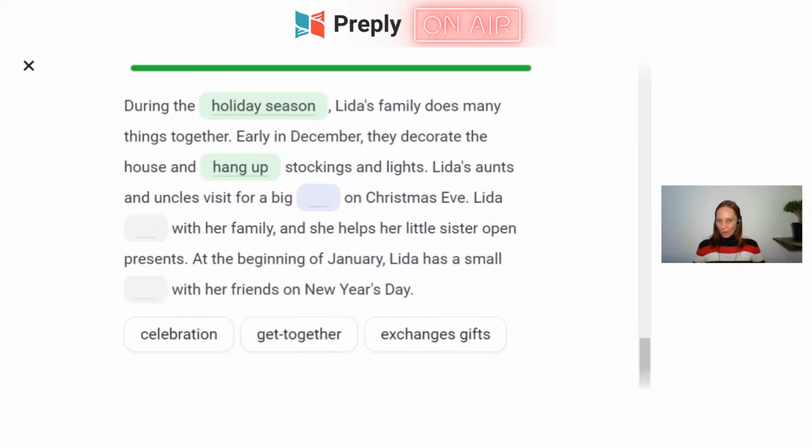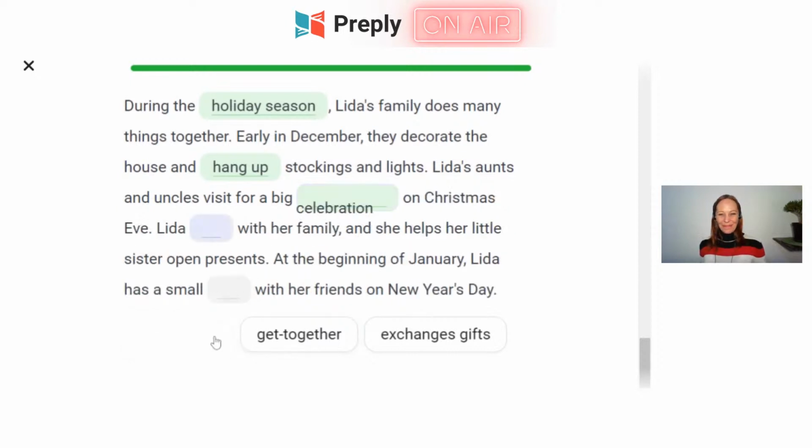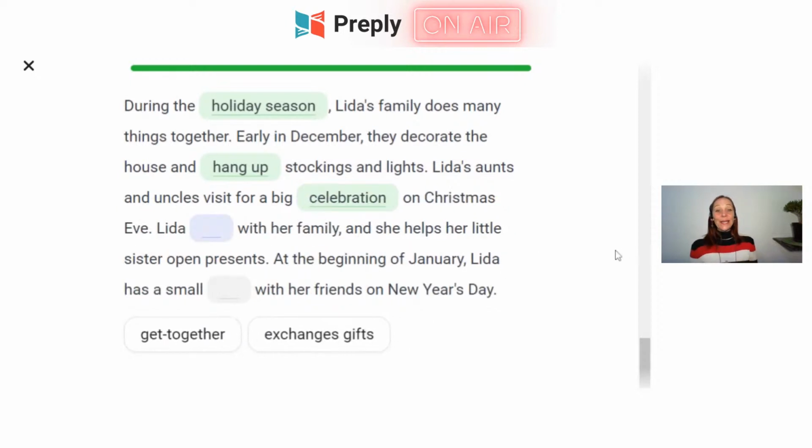So when I think of a big something with family, I would call that a celebration. So Leader's aunts and uncles visit for a big celebration on Christmas Eve. Leader something with her family, and she helps her little sister open presents.